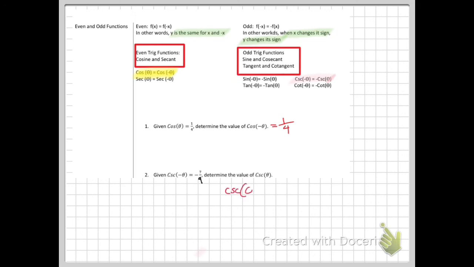Cosecant negative theta is equal to negative cosecant theta. So cosecant negative theta is defined as negative 7/4. But I don't want negative cosecant theta, I want positive cosecant theta. So divide by negative 1, cosecant theta must equal positive 7/4.